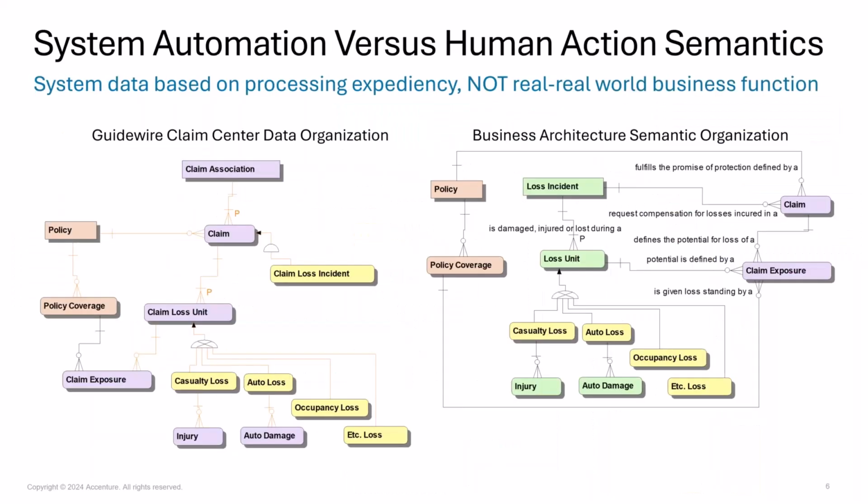Now, medallion architecture is necessary because system automation doesn't reflect the real world. And system data is really organized according to data processing expediencies and really the engineering of the way the engineers decided to build that system. The illustration on the left is from the insurance industry, which I work a good deal in, as well as several others, demonstrating Guidewire ClaimCenter, a notion of a claim function.